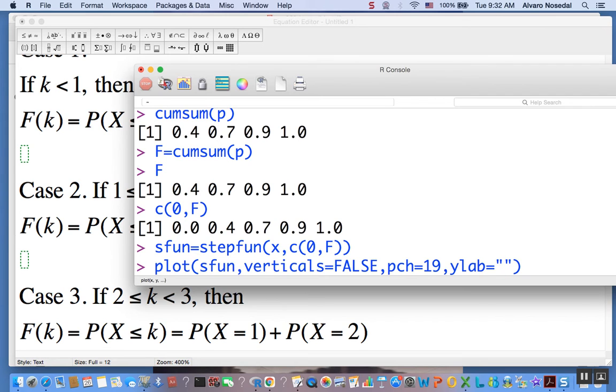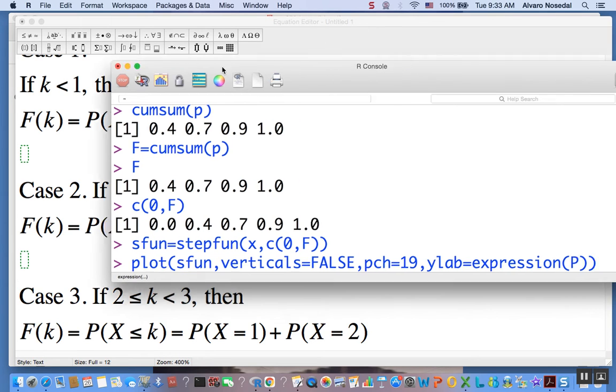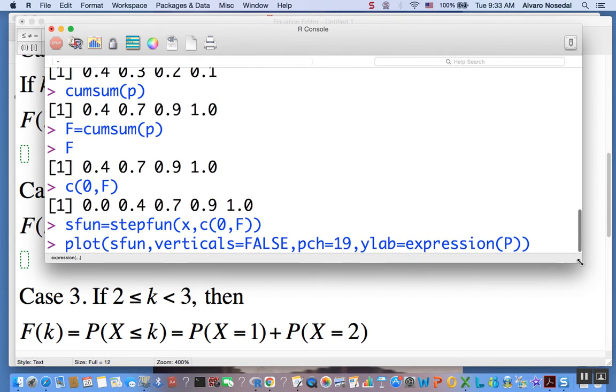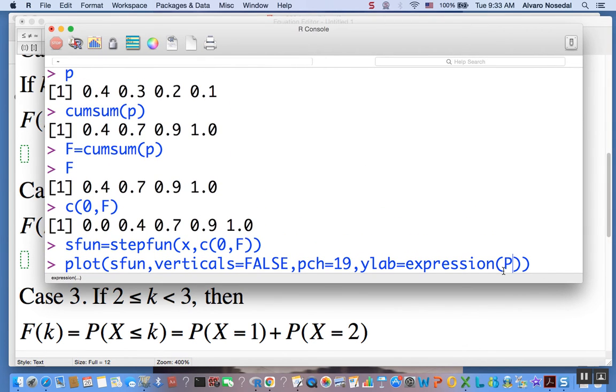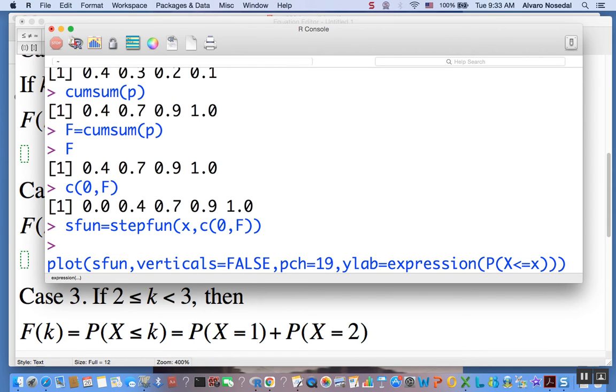So what I want there is something that looks like this, an expression, because I want something fancy. What I want is the probability that X is less than or equal to x. Okay, I think that should work.